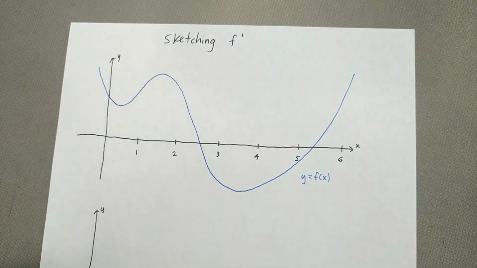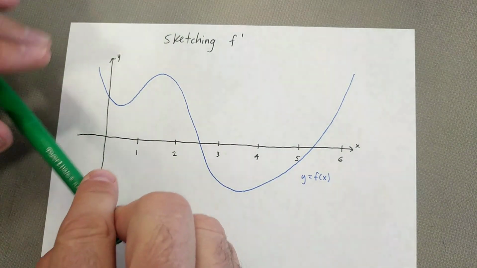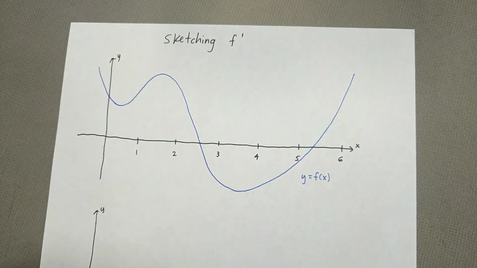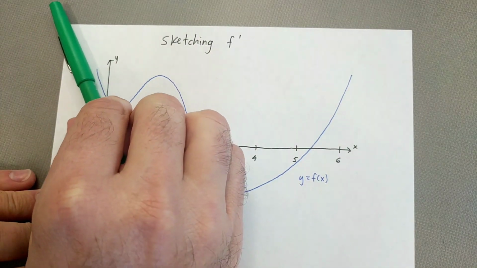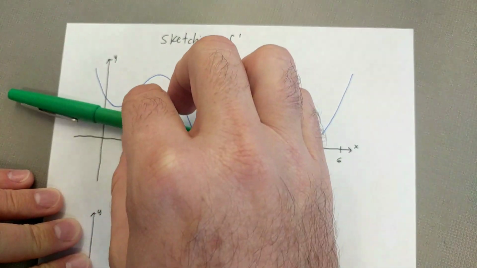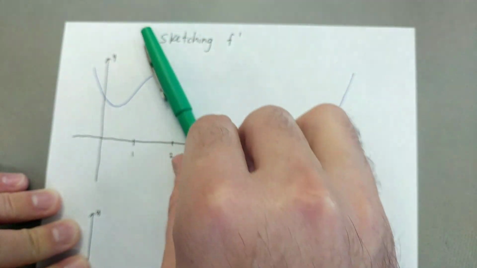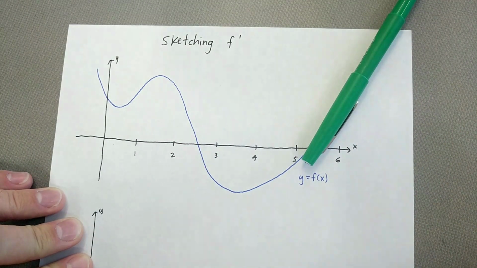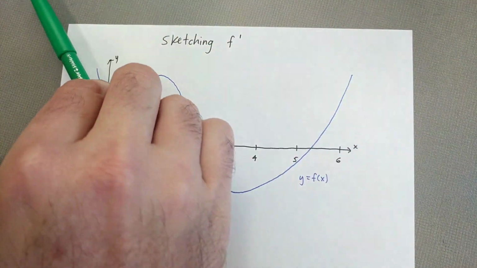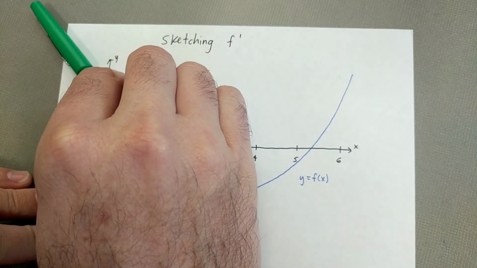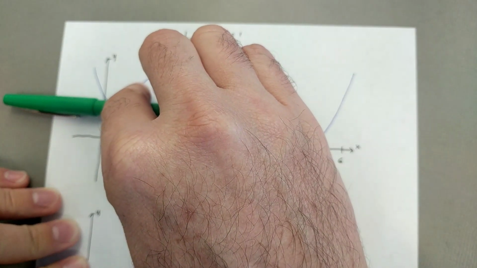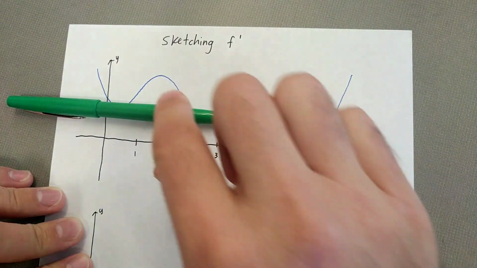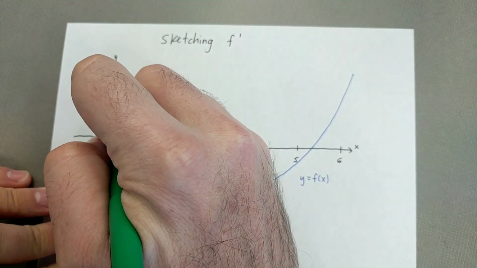If you follow it along with your pen, to get an idea of your tangent lines, I sometimes like to act like it's some sort of roller coaster, and here's the cart. So I want to know, when is the cart on the roller coaster track perfectly horizontal? The first place that happens is right here.